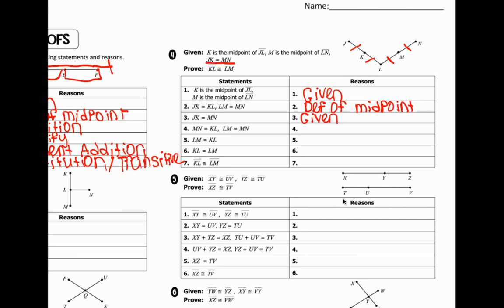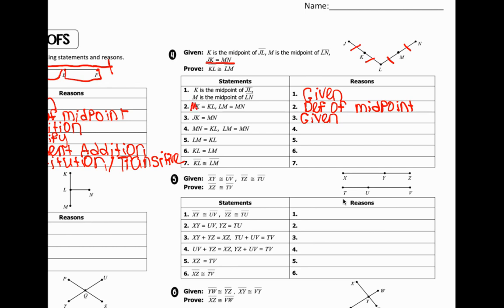So then they're saying, all right, MN is equal to KL and LM is equal to MN. So we need to think about what we could do there. So there's probably a couple options. Because we know JK is equal to MN, it looks like what they did is they replaced JK with MN here.